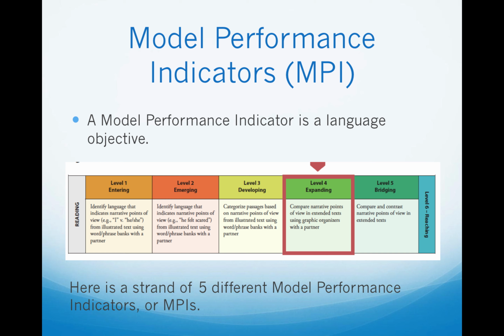And I'm going to share with you how to go about writing a model performance indicator. A model performance indicator, or MPI, is simply another name for a language objective. And here the strand has 5 different model performance indicators, or MPIs, based on this child's reading level.